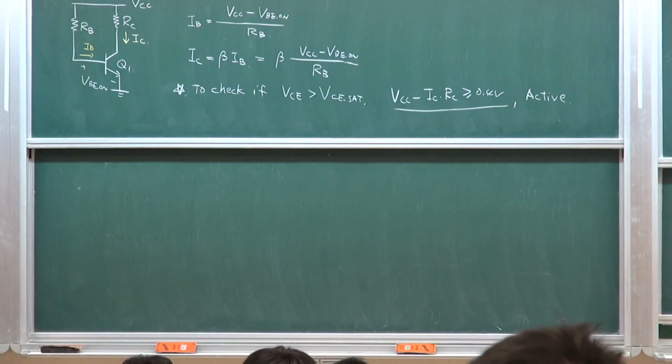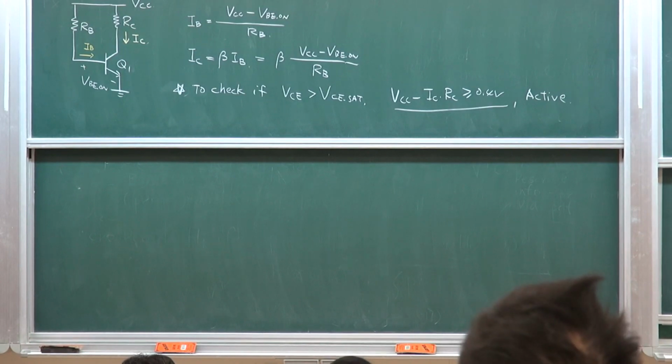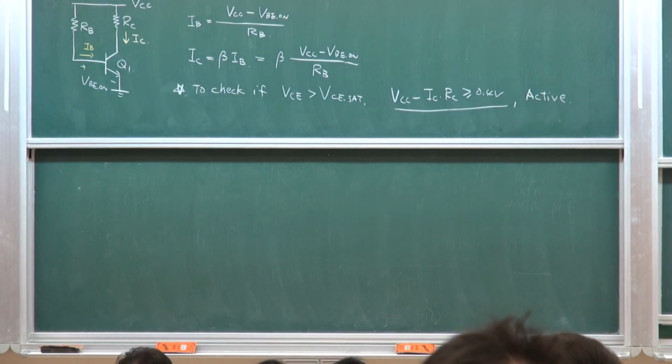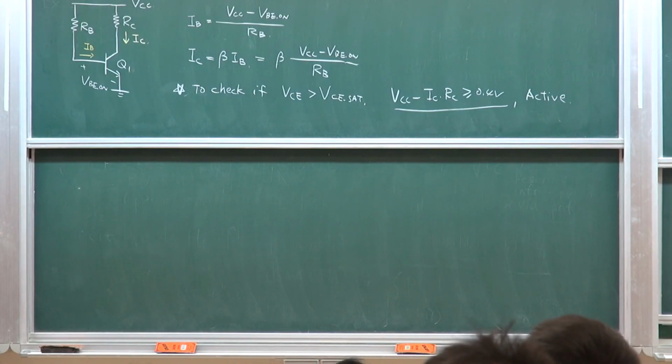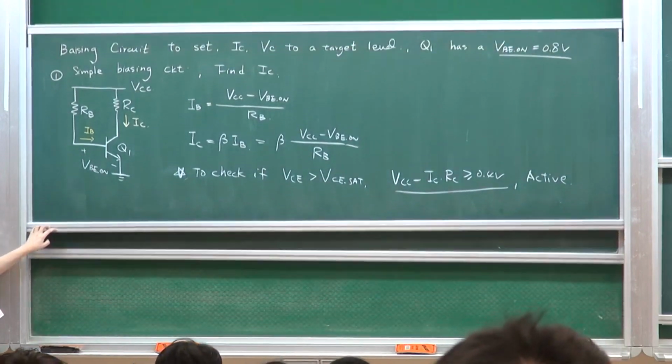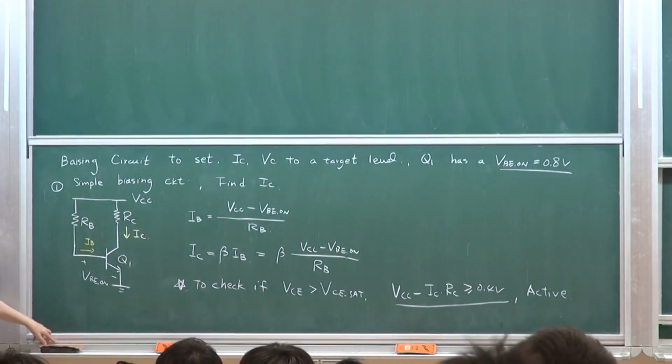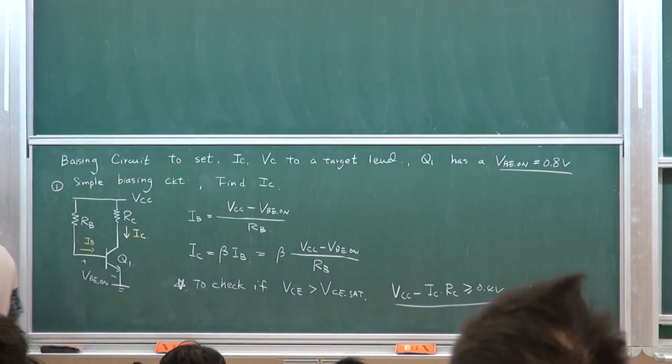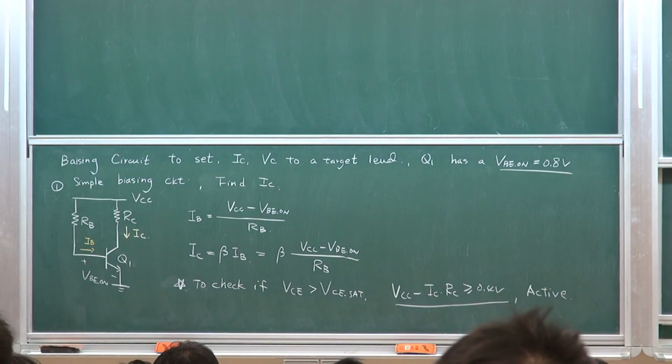So this is the first type of design, but there's of course some drawback of using resistor or base current biasing. Let me write a few of the problems.